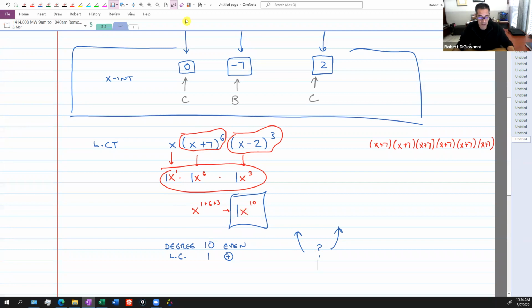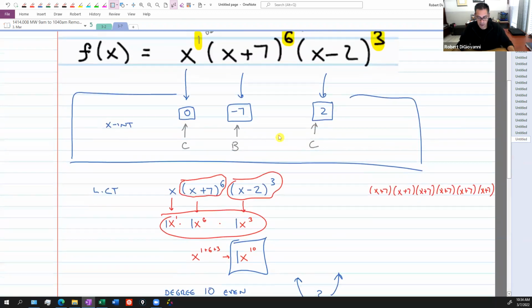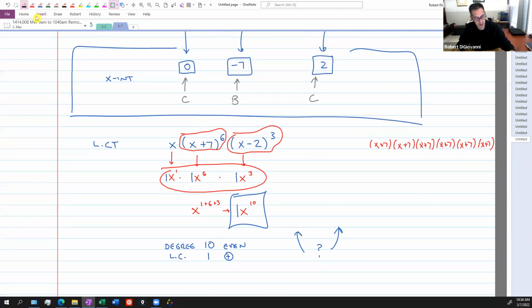And now you can draw it because you know what happens here. Let me see. I'm going to try and squeeze it in right here. So for my graph, I now have an x-intercept at -7, at 0, and at 2. I know the left side goes up, the right side goes up.